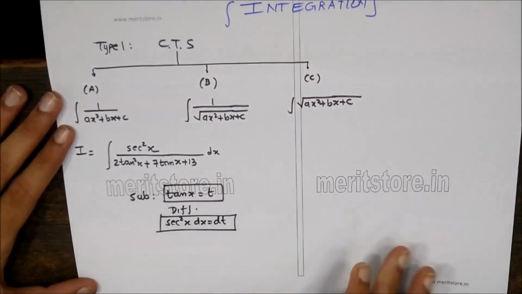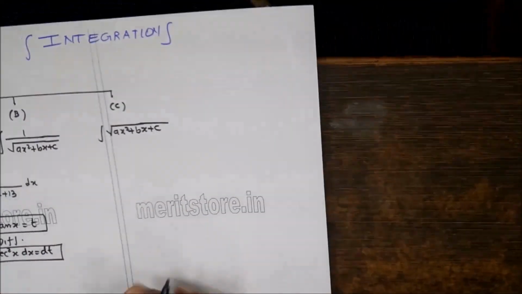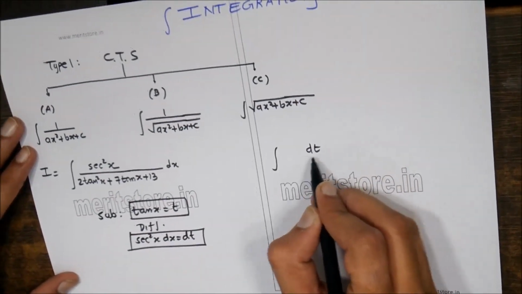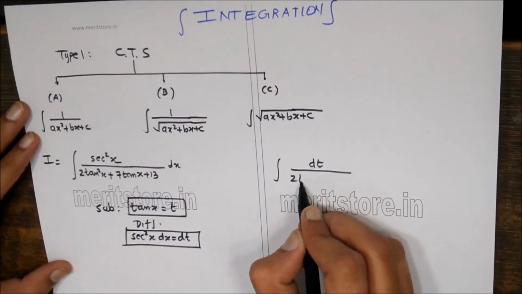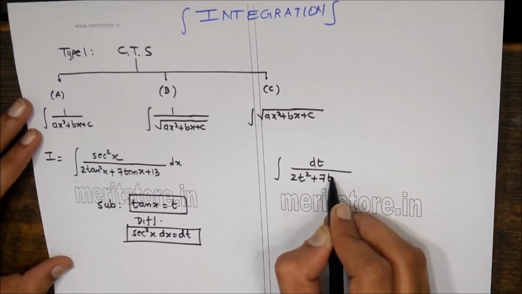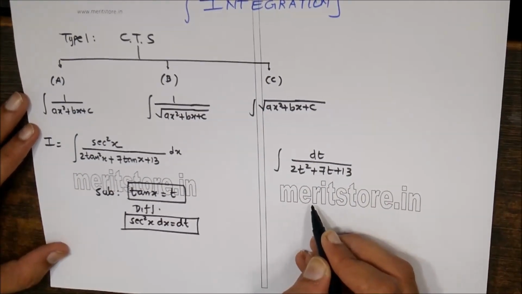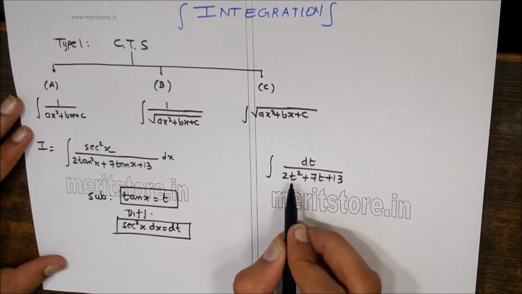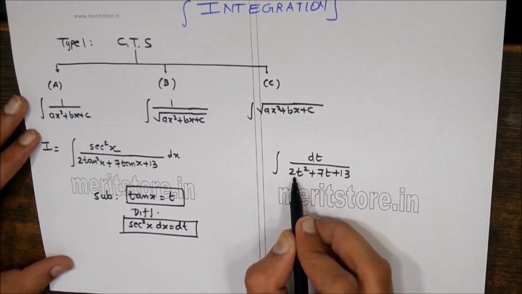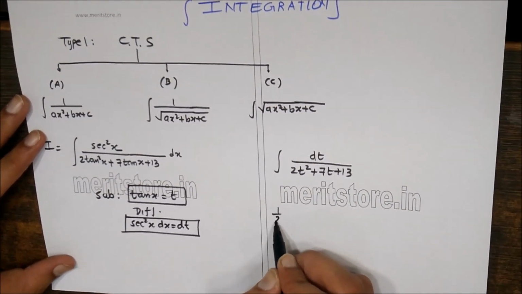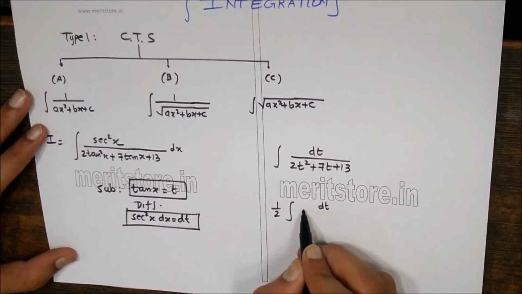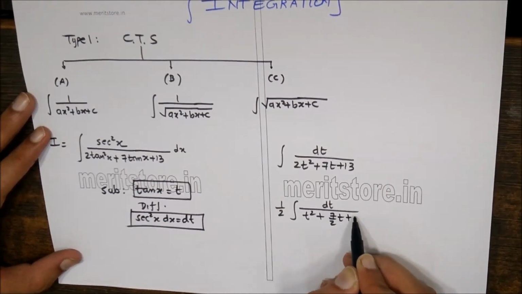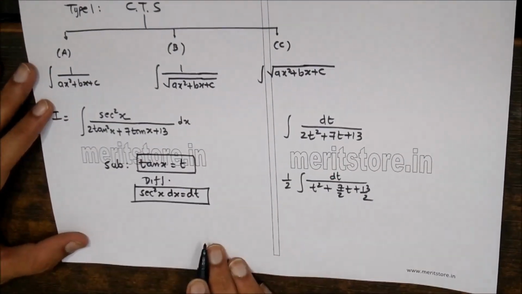And our problem will now reduce to integral of dt upon 2t square plus 7t plus 13. Continuing. Now, the first point, as I told you, the coefficient of x square should be made 1. Doing that, we get integral of 1 upon t square plus 7 upon 2 t plus 13 upon 2.